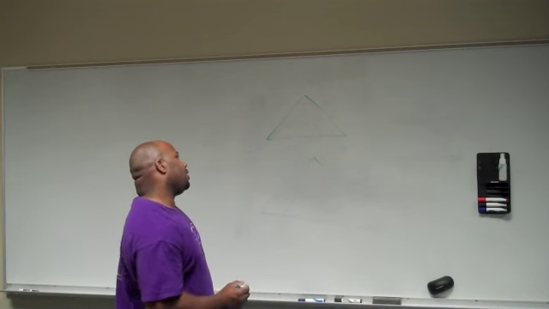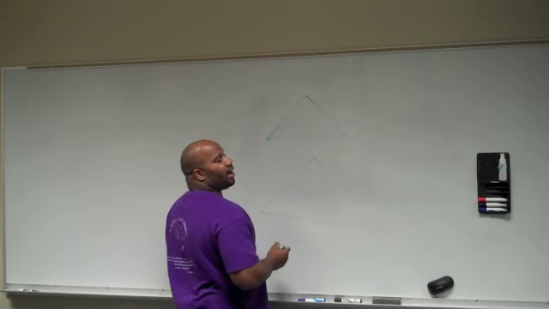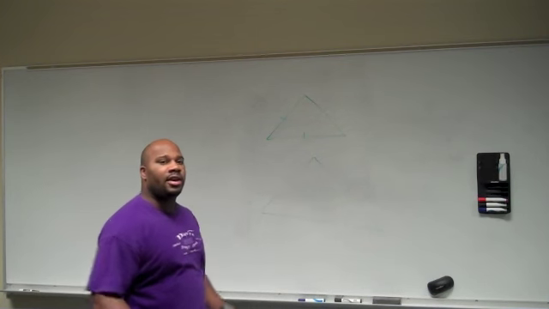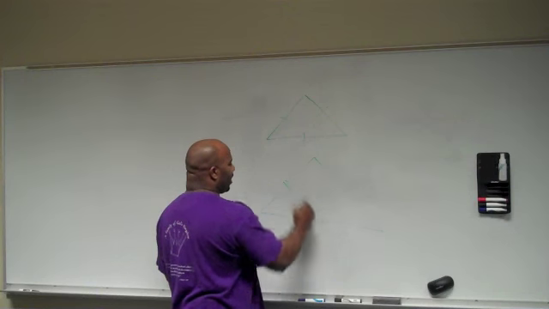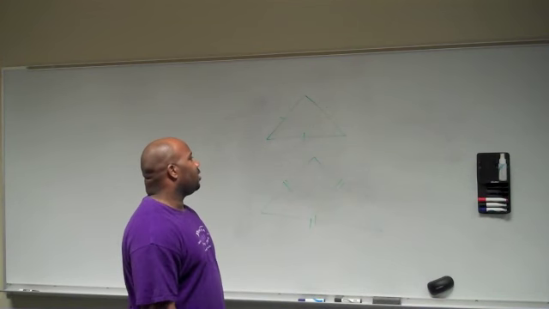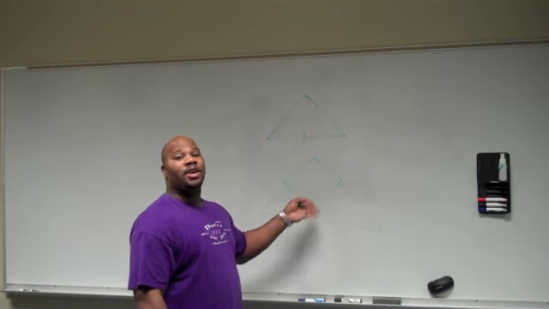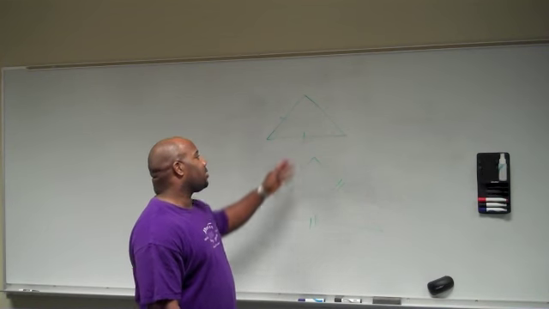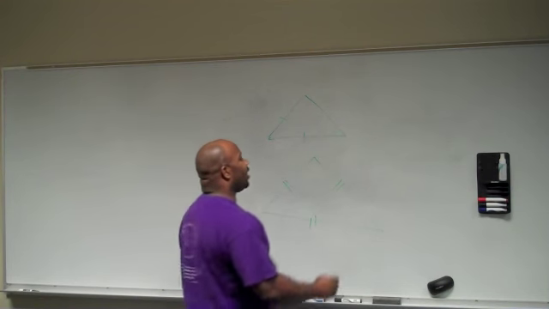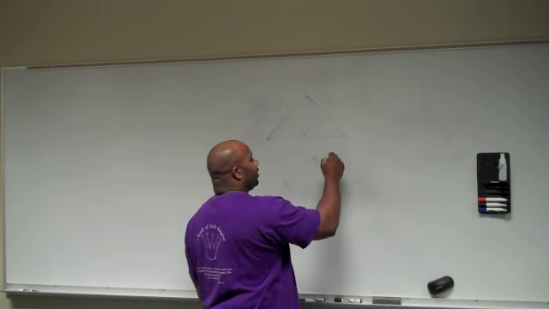Let's say that side is the same as that side, it's the same as that side. And then on our larger triangle, let's say this side is the same as this side, same as that side. Okay, because we have an equilateral triangle, because all of our sides are the same, we must have this triangle is similar to that triangle.